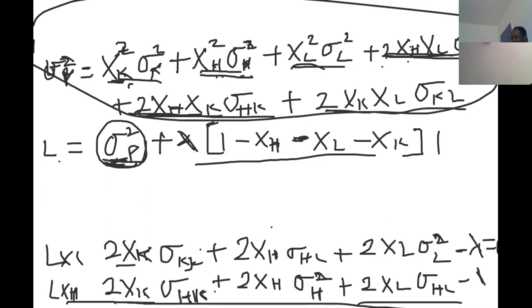And what I'm saying is that in the case of the mock exams, we were given what? Portfolio constraint.